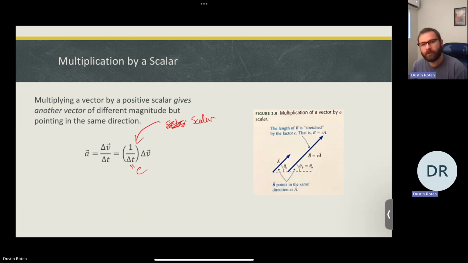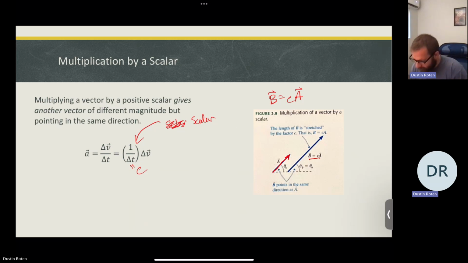So the idea, when you multiply a vector by a scalar, you'll notice over here in the picture, we have this vector a, and we have this new vector b, but b is just defined as some scalar c being multiplied by a. Okay, so the question is, what happens when we do that? Well, it looks like here, when we multiply by a scalar, it stretches the vector.